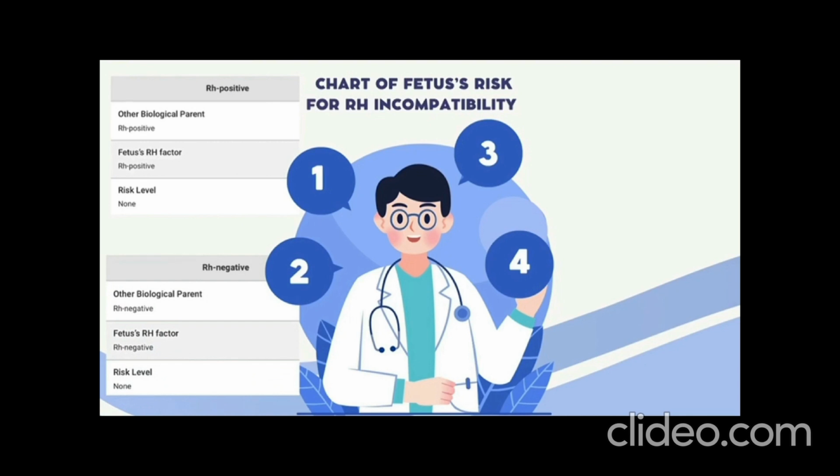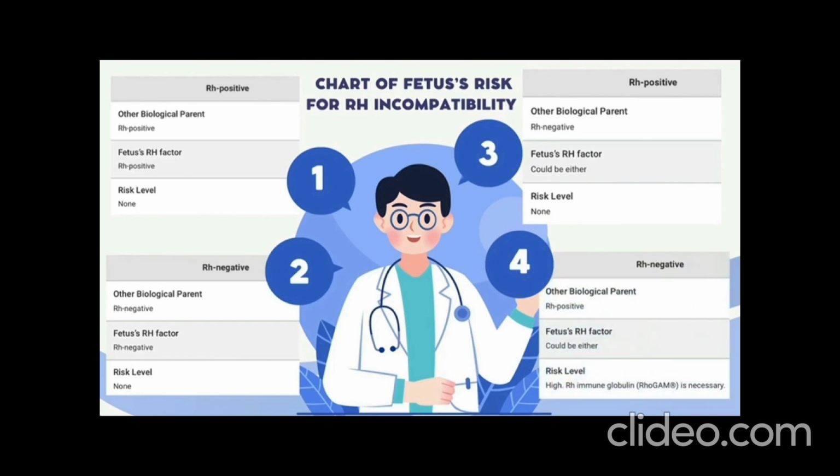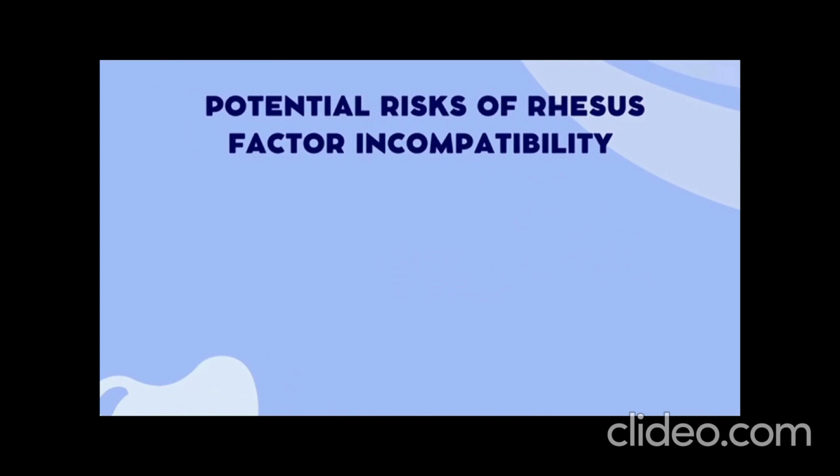The third one is when the mother is Rh positive but the father is Rh negative, the risk level is also none. Lastly, when the mother is Rh negative but the father is Rh positive, the risk level is high. Next, let's talk about the potential risks of rhesus factor incompatibility.